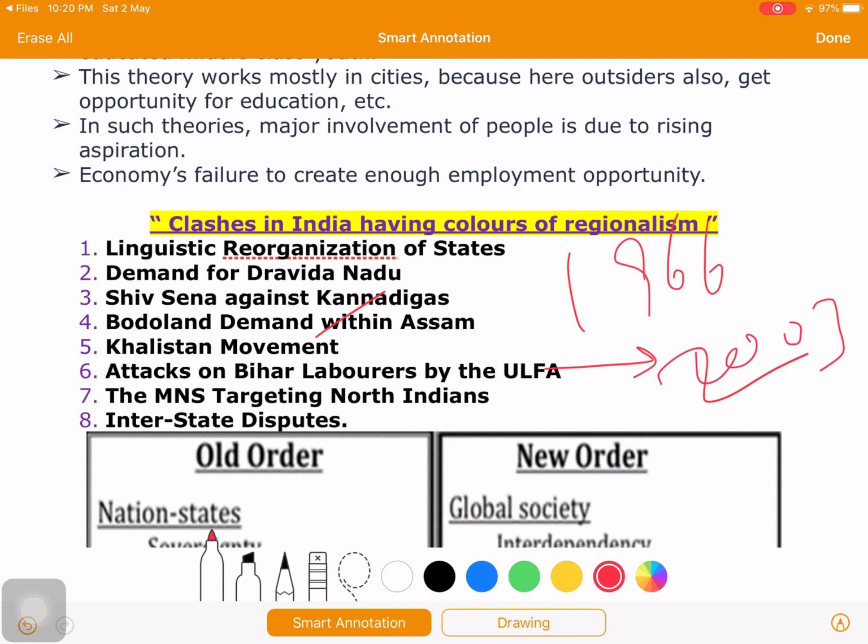Likewise, there are also water disputes between the states themselves, where the Godavari tribunals and Krishna tribunals came into the picture, which is not up to the mark. And hence the important disputes over the Narmada, Krishna, Kaveri, Godavari, even between the South Indian states themselves, have clashes, which is also a reason for regionalism in India.